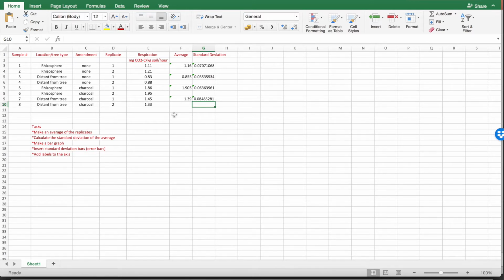So now we're going to do a bar graph. And to do a bar graph, I like to have the data organized in the sequence that I want to see my bar graph. So I'm going to copy again the name of the samples and their average values and the standard deviation. So you see, the first thing I want to show on my bar graph is the rhizosphere data without any amendment.